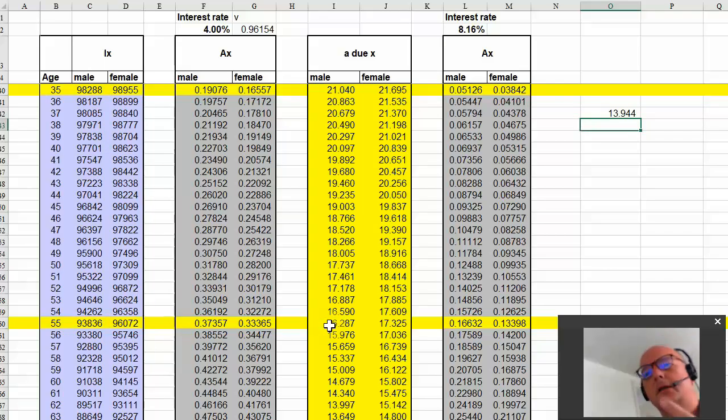Okay, that is our annually payable annuity for 20 years.